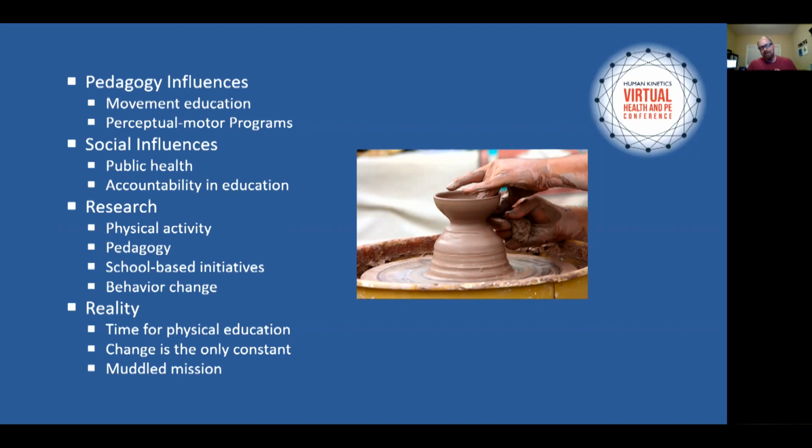The research, this is one that you could go on and on and on. I've just picked a few here. Research on physical activity has influenced the textbook over time. Research on what we know about pedagogy, and what we know about youth, and what we know about teaching climates, teaching strategies and teaching methods.